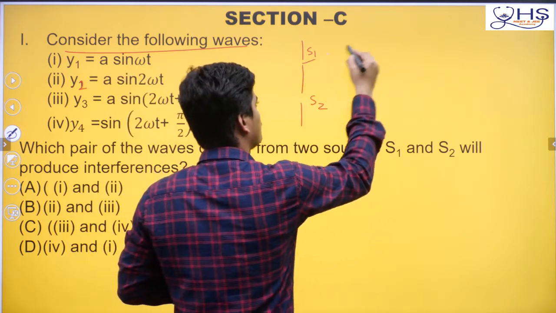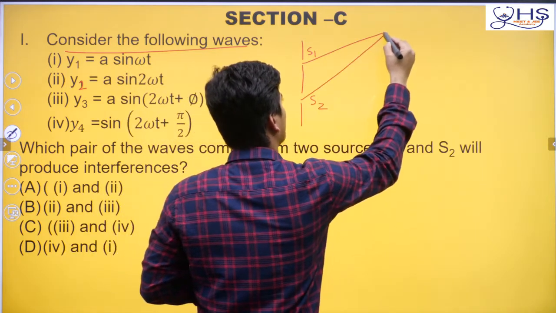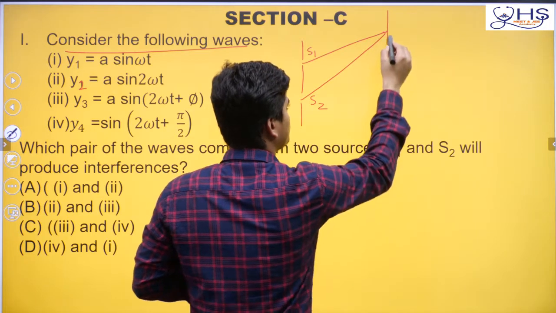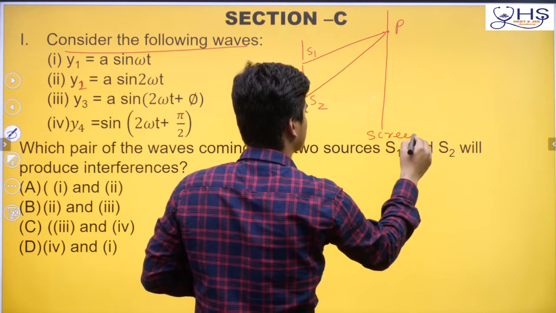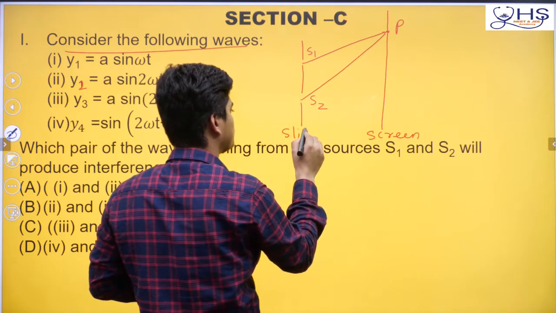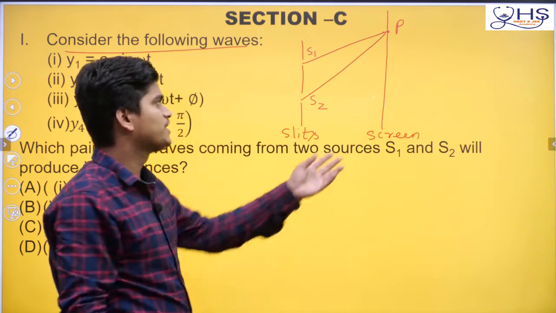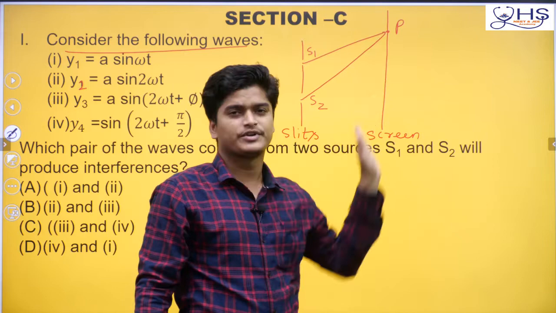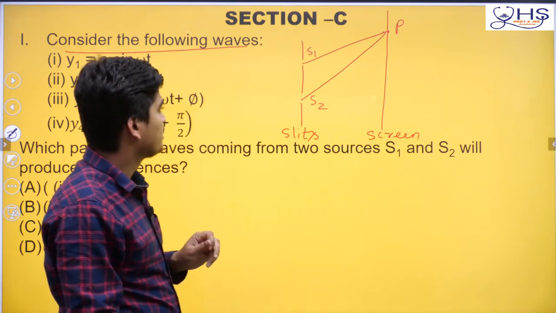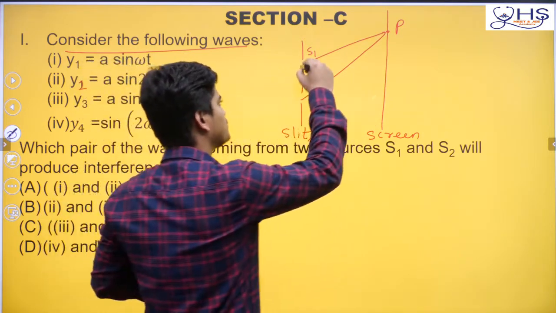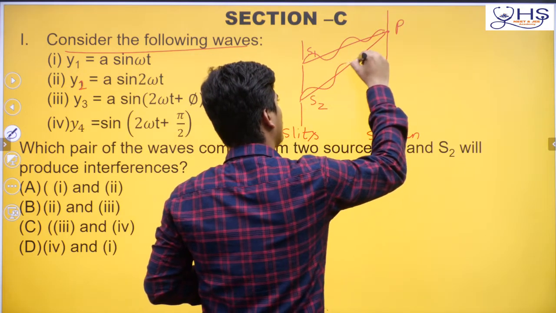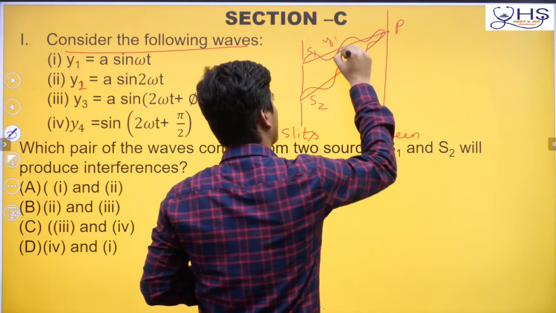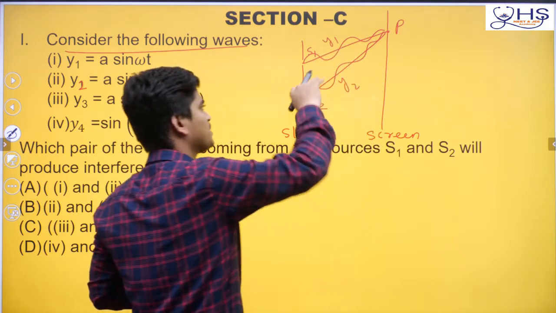From S1 one wave is going, from S2 another wave is going, and they are superimposing on each other. Here is the screen, and here are the slits. On the screen an interference pattern is observed. This is your y1 wave and this is your y2 wave.